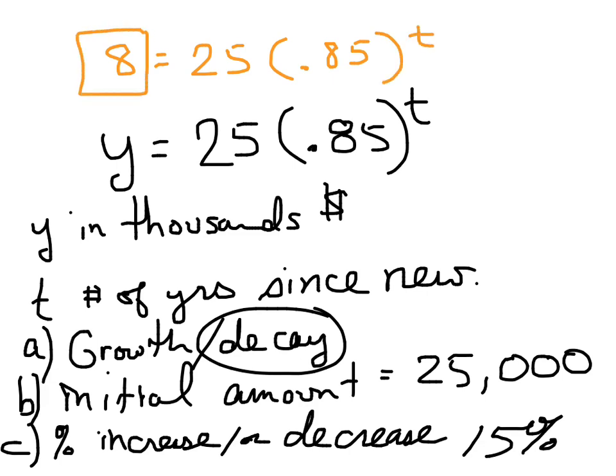I put this into y1, this into y2, and I use the intersection feature on my calculator, and I see where they cross. So 8 goes into y1. How do you put T? T is the same as x when it comes to that.